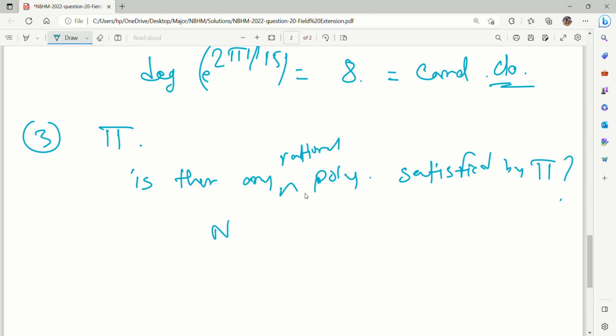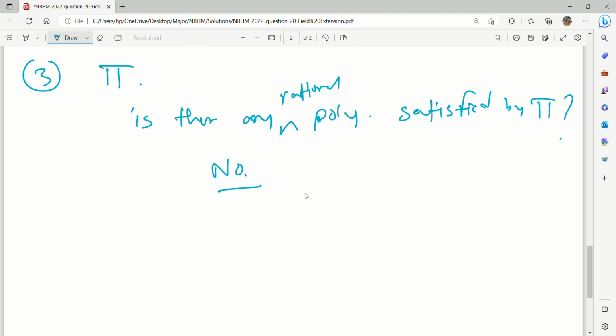The answer is no, because if pi were satisfied by any rational polynomial, then pi would become an algebraic number. But we know that pi is transcendental. So the degree of extension is infinity.